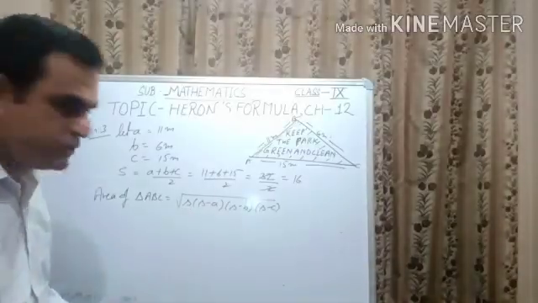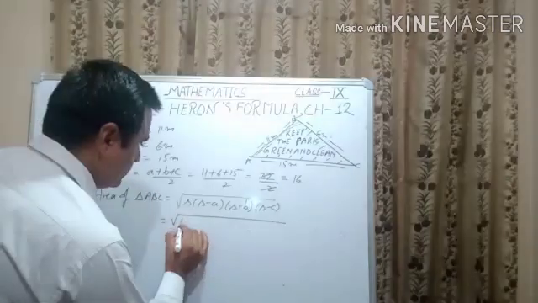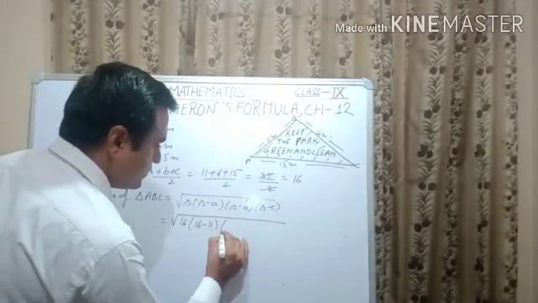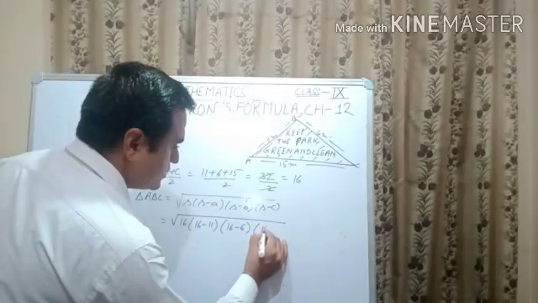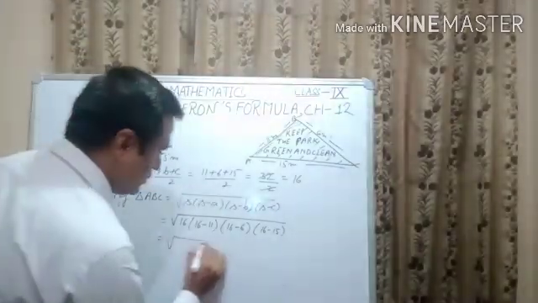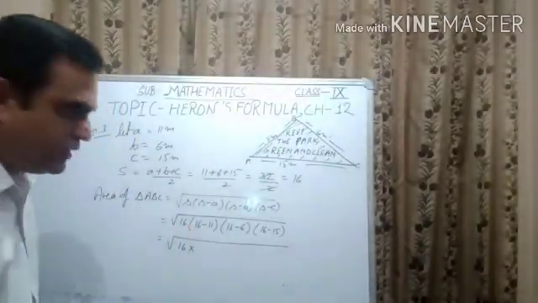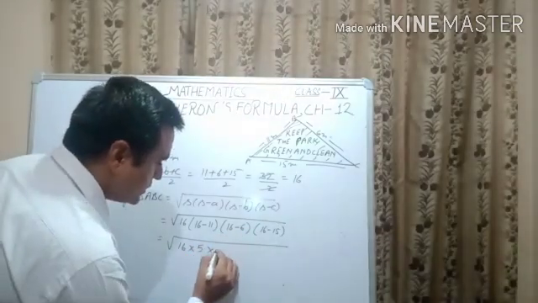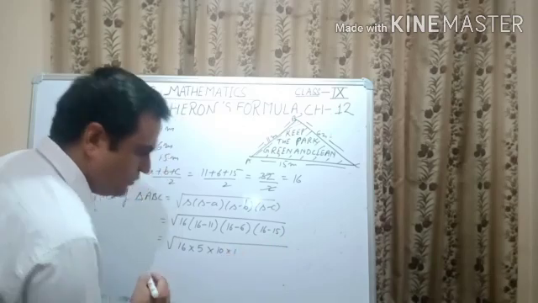When you put these values, S is 16, so 16 minus 11, 16 minus 6 and 16 minus 15, equal to square root of 16 times 5 times 10 times 1. 16 minus 11 gives 5, 16 minus 6 gives 10, and 16 minus 15 is equal to 1.